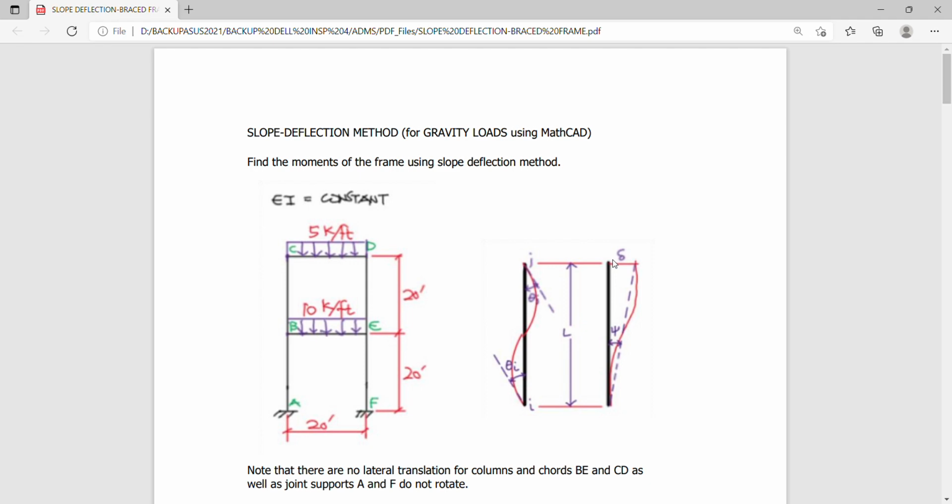So this is a continuation of our topic from the braced frame concepts using the slope deflection method, and I already explained to you the basic principles of the slope deflection method.